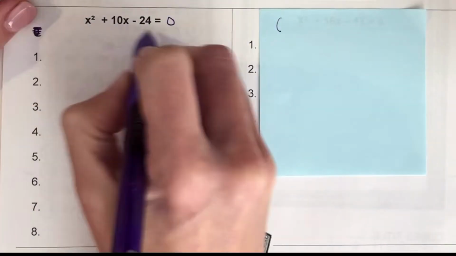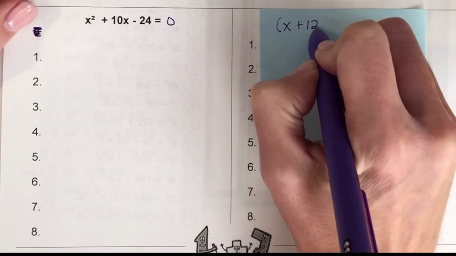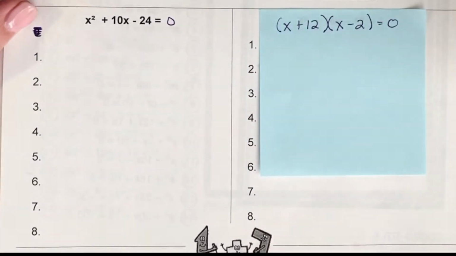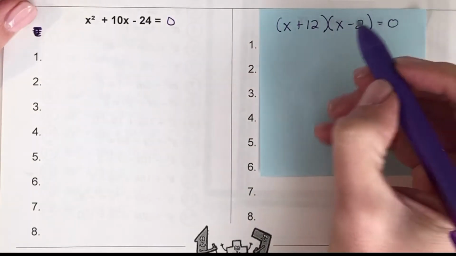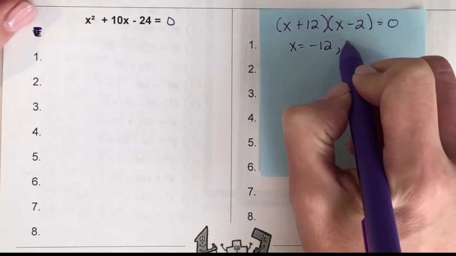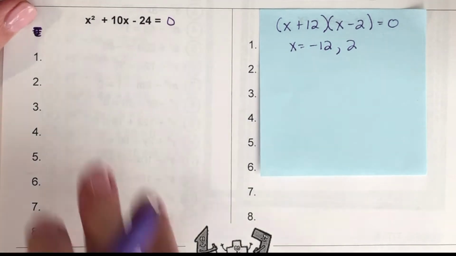So if I were just to factor this, I would get x plus 12 and x minus 2 equals 0. And when I solve for that, I'm going to get x equals negative 12 and x equals positive 2. Well, that was a really easy way to solve it.